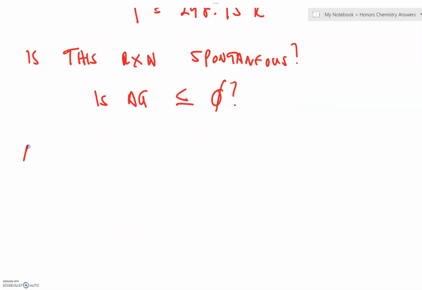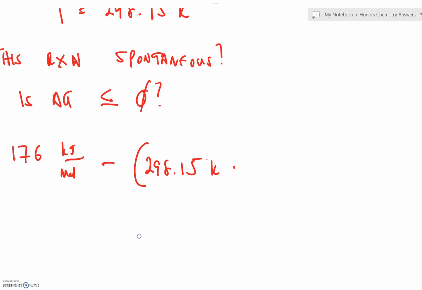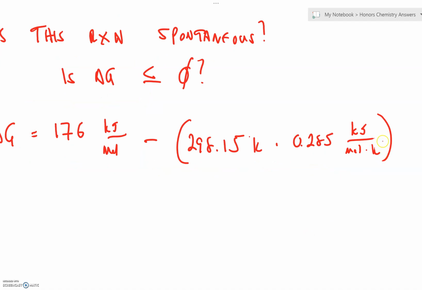So let's plug them in. We're going to crank this out. Delta G is equal to delta H, 176 kilojoules per mole, minus the quantity. We have a temperature of 298.15 kelvins times our delta S, which was 0.285 kilojoules per mole Kelvin. Now here's why that unit looks so weird, because kelvins are going to cancel.